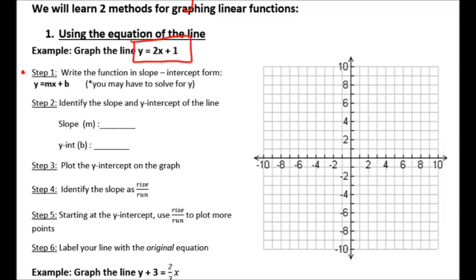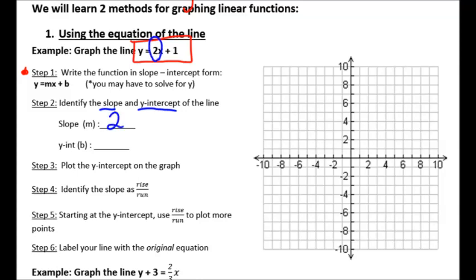So the first step is to make sure that the function is written in the proper form, y equals mx plus b. Looking at this equation, is it written in that form? Yes, it is. From here, we need to be able to identify the slope and the y-intercept of that line. Remember, the slope is the number that comes right in front of the x, which is 2.